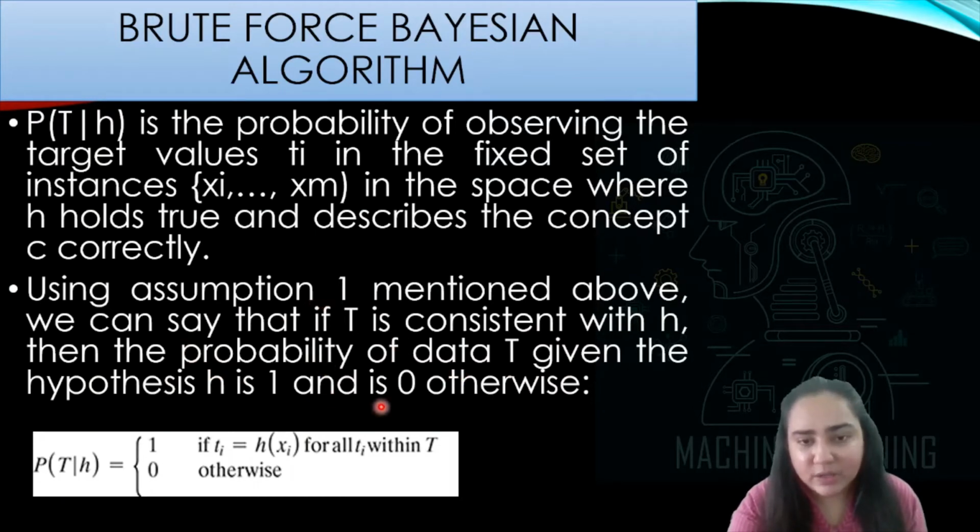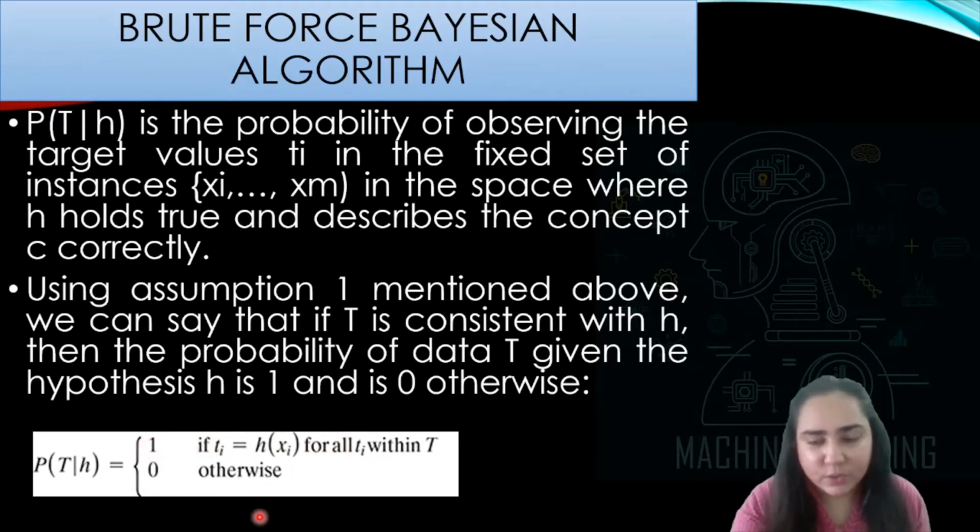And if T is not consistent, then it is 0. So that's what we have summarized here. The value of P of T given h will be 1 if all values of ti are consistent with the hypothesis that you're testing, and it is 0 if all values are not consistent.